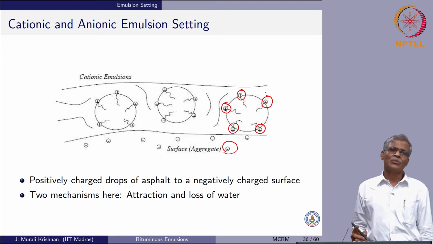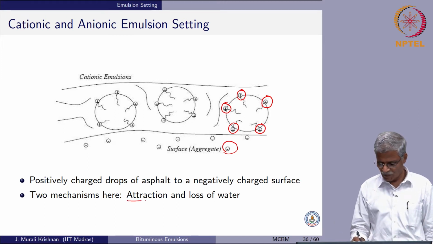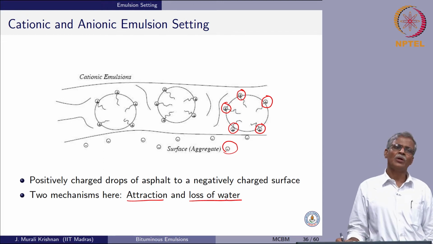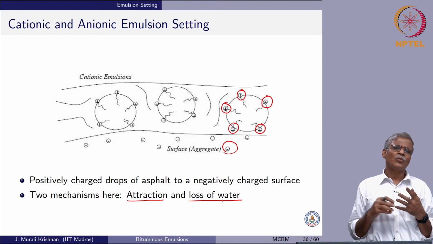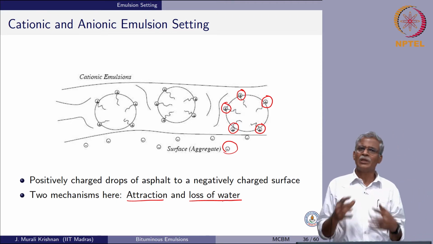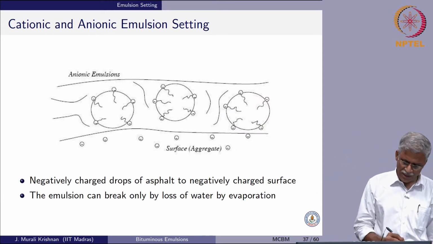So, two mechanisms are going to happen. There is going to be an immediate attraction, and in addition there is also going to be loss of water. When these two things happen, emulsion breaking is really going to happen. So, this is as far as the cationic.